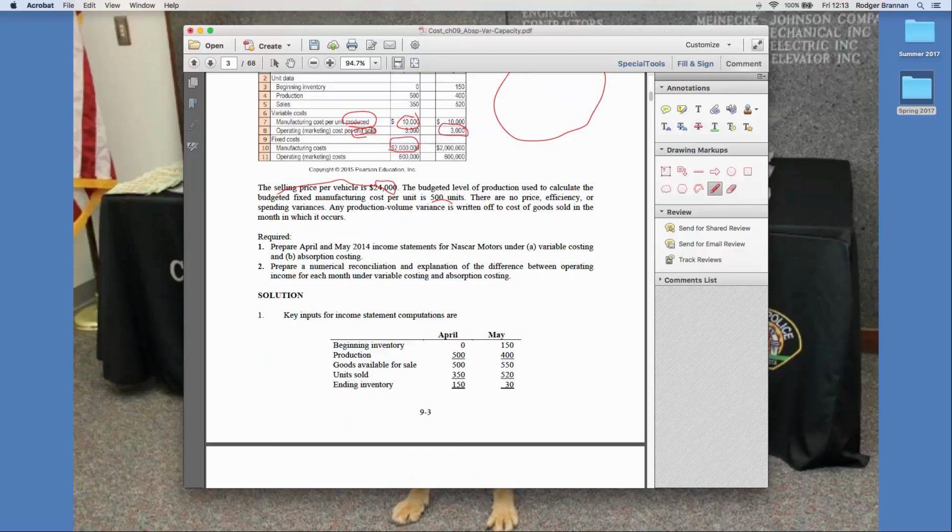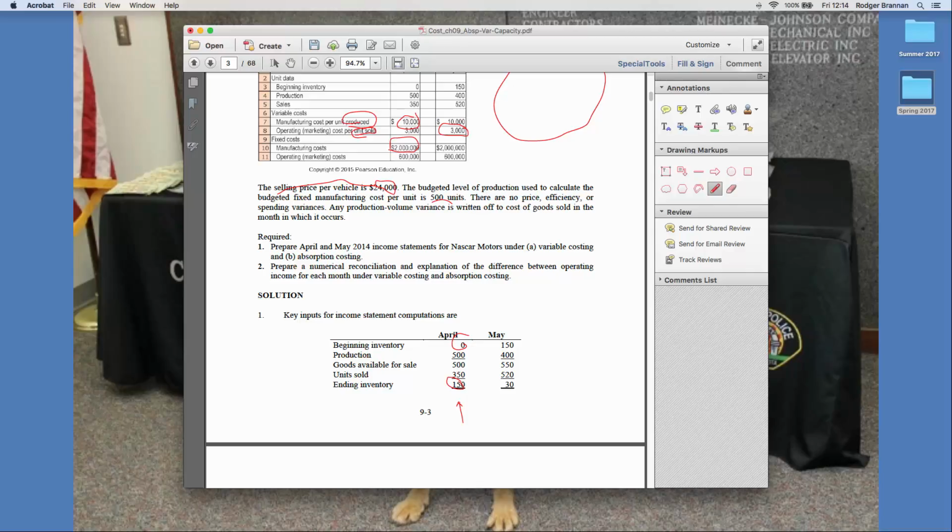But before we do that, we need to be clear that in this case, in the first month, inventory is increasing from 0 to 150. So as a general rule, when inventory increases, and let's always compare it with absorption costing, absorption will have the highest operating income.